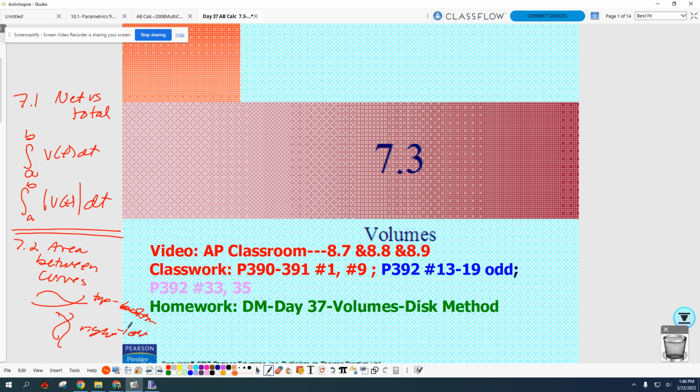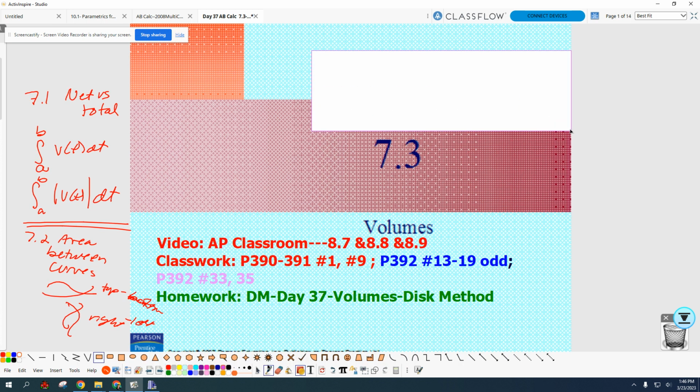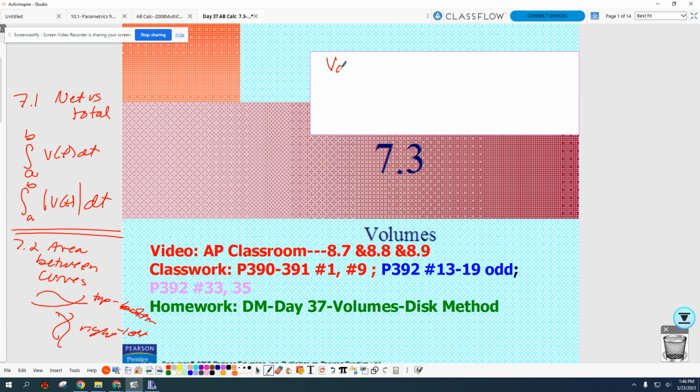So 7.1, net versus total. 7.2, area between curves. And then 7.3 is all kinds of volumes. We've done a few of those. 7.3 is volumes of known cross sections.